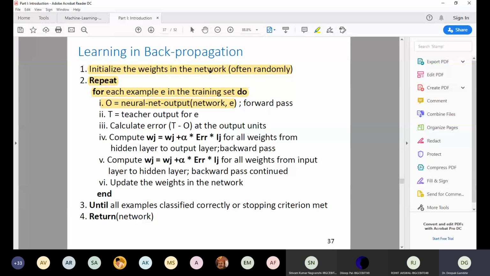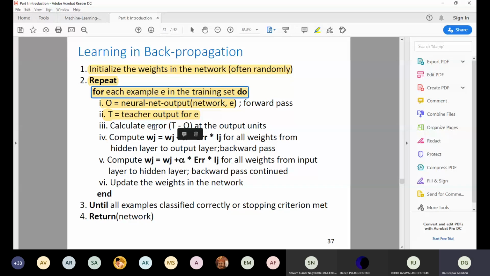Starting with the weights, you get the output as sigma summation of wixi. That is the forward pass. Then get the teacher output for e, that is the target from the example. Then compute the error, T minus O, for the output unit.